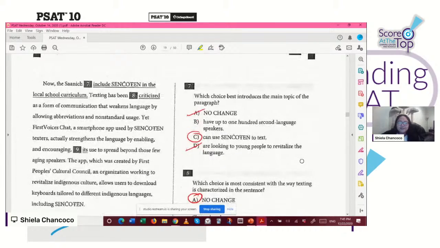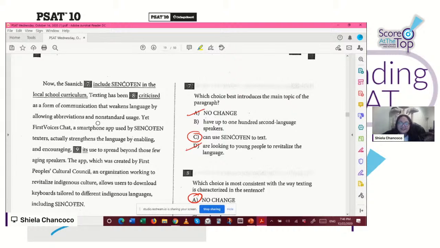All right, number 7, which choice best introduces the main topic of the paragraph? So this one, you needed to know what's going on, right? You might read that and be like, okay, that looks good. But then you actually needed to know the second sentence, right? The second sentence says texting had been criticized as a form of communication that weakens language by allowing abbreviation and non-standard usage.